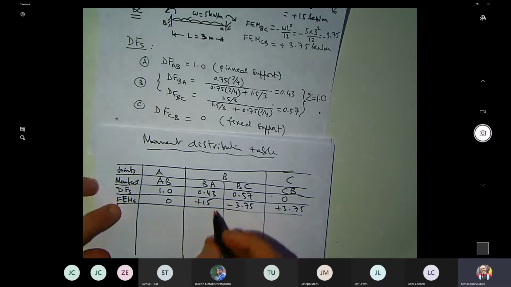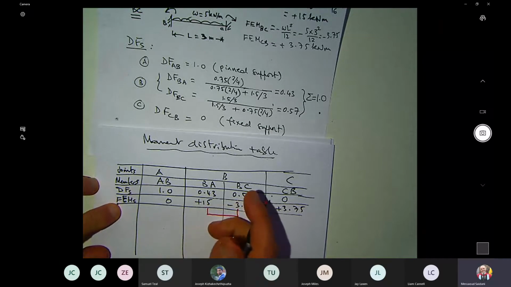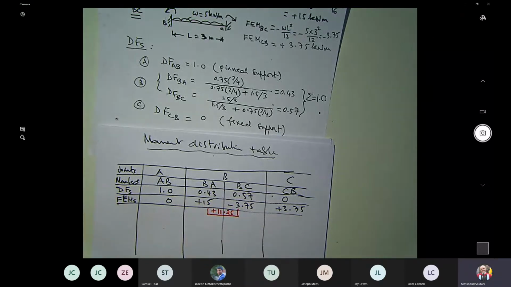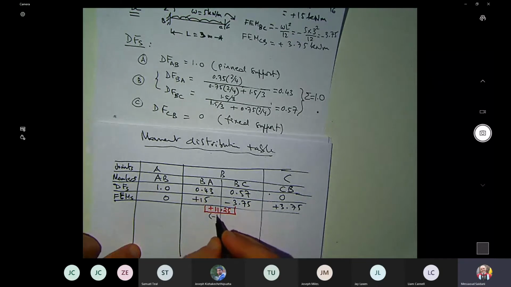So we have an out of balance here. If you do 15 minus 3.75, I think it's 11.25. Yeah. In other words, the balancing moment is actually minus 11.25. This is how much you need to balance.